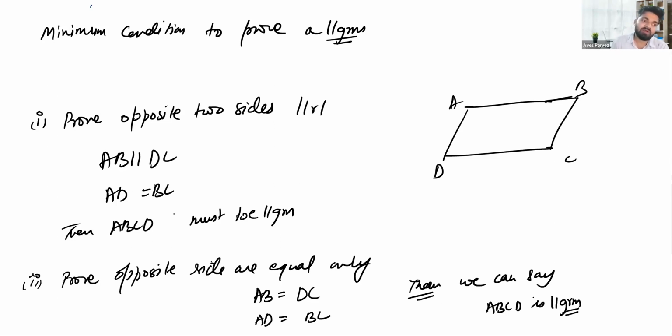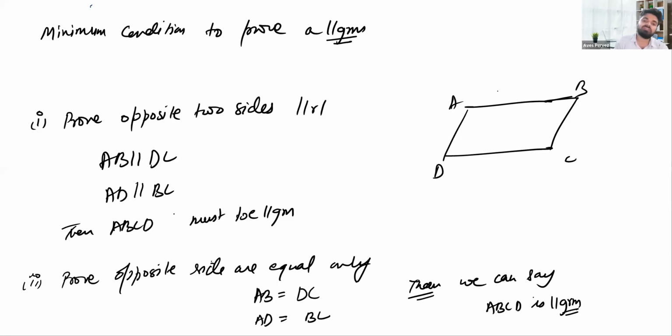Or if you have proved AB parallel to DC and AD parallel to BC, meaning opposite sides parallel, or opposite sides equal, then it will be a parallelogram.